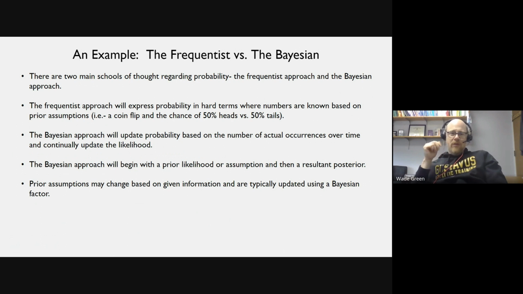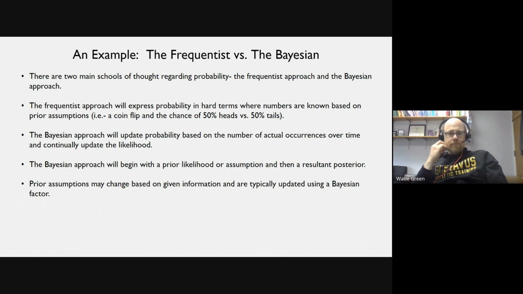So let's say, for example, I do 4 coin flips. At first glance, prior to that first coin flip, I have a 50-50 shot. But with a Bayesian approach, let's say that I flip that coin 4 times, and 3 out of the 4 times the coin lands on heads. So I have a 75% probability of landing on heads as opposed to tails with a Bayesian approach.